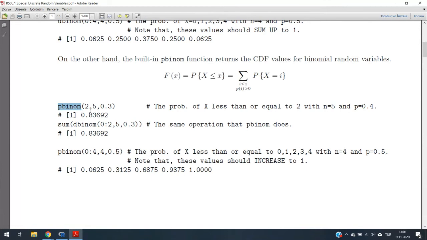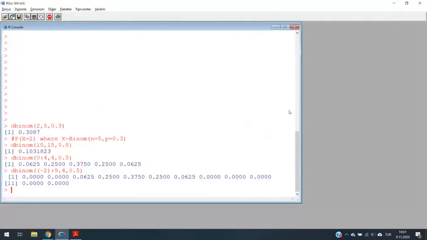And pbinom of 2 with size parameter 5 and success probability 0.3 calculates the probability of this binomial random variable to be less than or equal to 2. Okay, so let's write that.